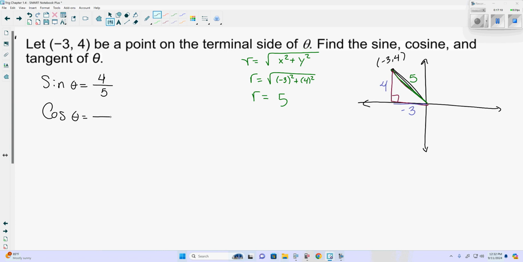Almost. Well, I think you're talking about cosecant. Cosecant would be the flip, 5/4. Cosine would be, because the cosine's adjacent over hypotenuse, so that would be -3/5.